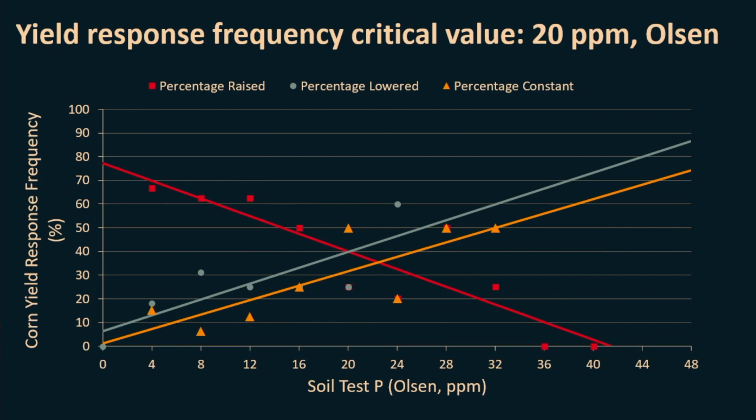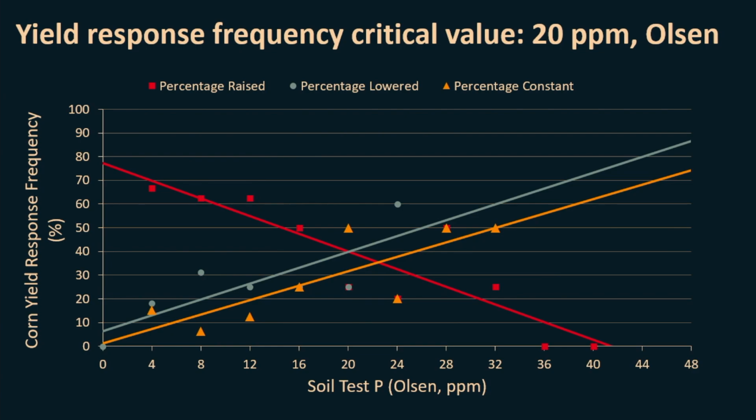So this is how you use that data. And so you develop 3 categories. A set of that data where the yield was raised, a set of that data where the yield was lowered, and a set of that data where it remained constant compared to the check plot. And you plot those across soil test phosphorus. And that's basically what he did here.